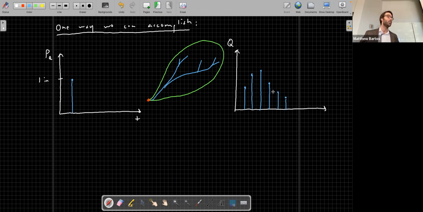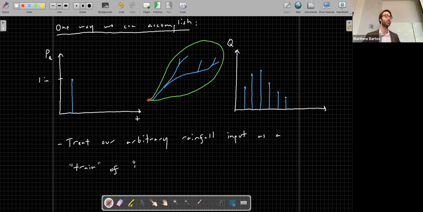So we compute the response of the watershed to a unit impulse of rainfall, and then we can treat our arbitrary rainfall input as a train of impulses.